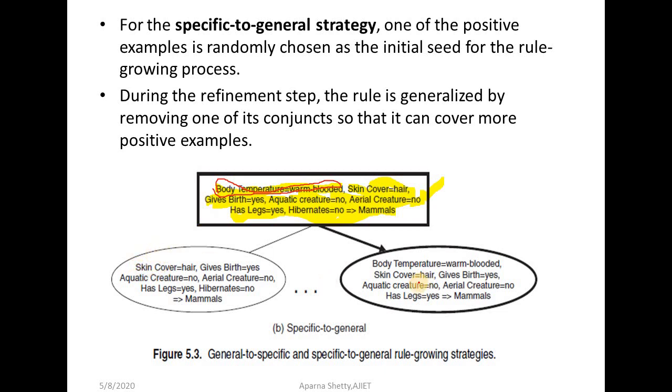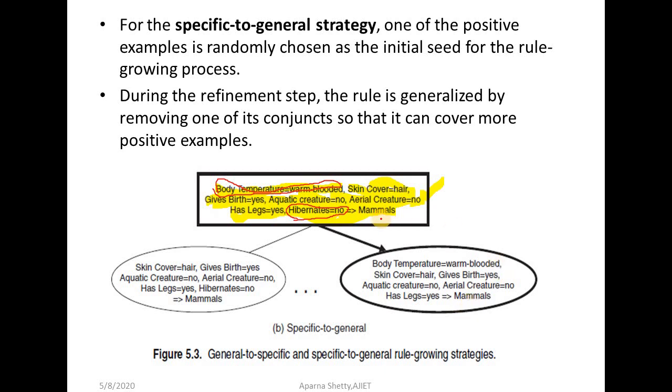And the remaining conjuncts are: skin cover is equal to hair, gives birth is equal to yes, aquatic creature no, aerial creature no, hibernates is equal to no. Over here, you can also remove the conjunct hibernates is equal to no.